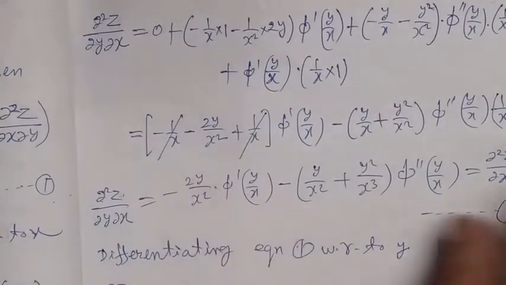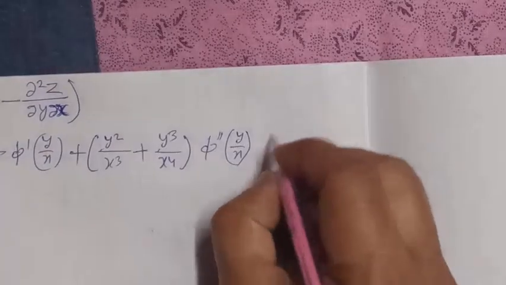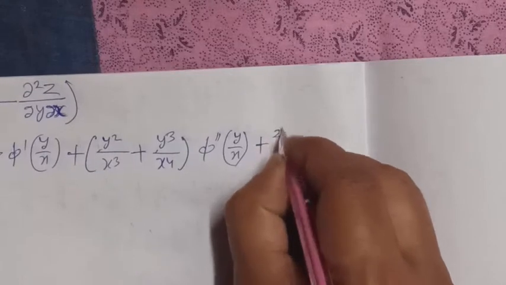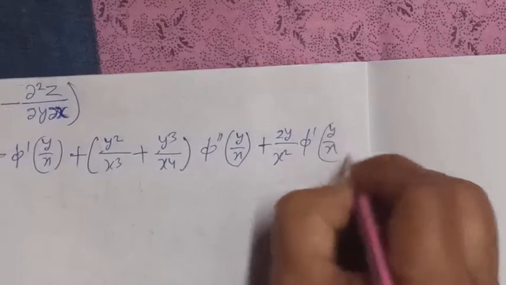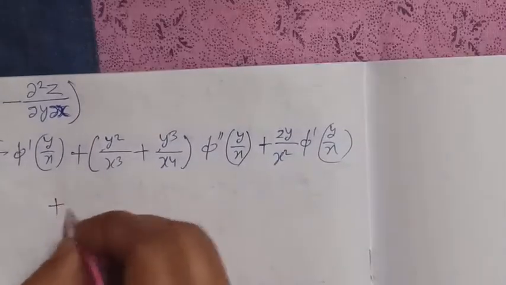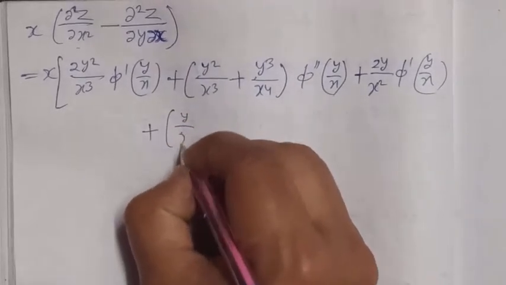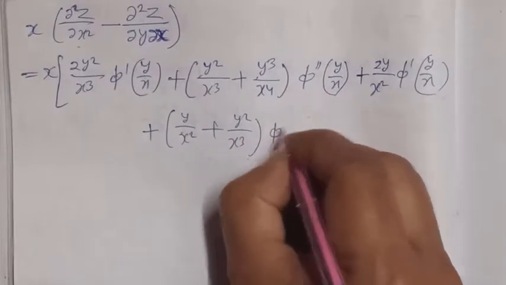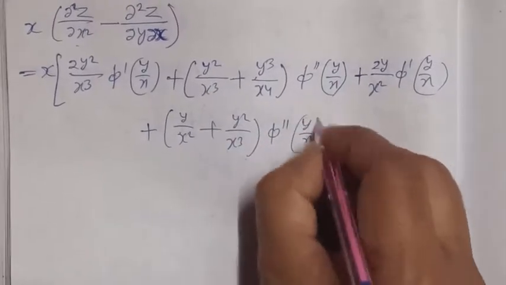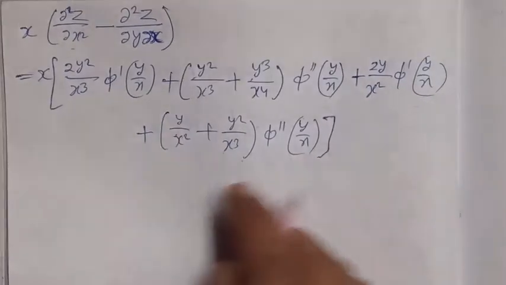So I write here plus 2y upon x square phi dash y upon x, and the next term which becomes positive from negative, y upon x square plus y square upon x cube phi double dash y upon x. I close this bracket.